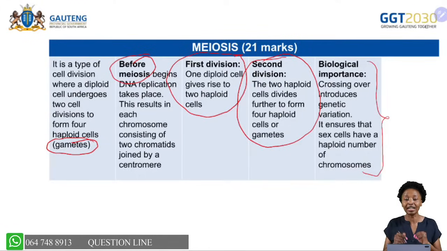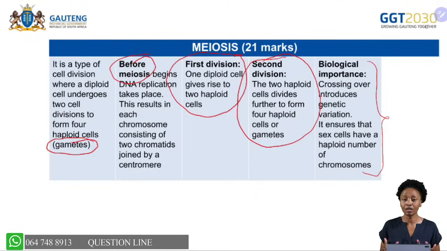You cannot provide reasons of anaphase that are not shown on the diagram because you know what those reasons are. It's visible reasons. So what you see in the diagram taking place will inform you which phase is being referred to in the diagram. So those are the questions that you will get.